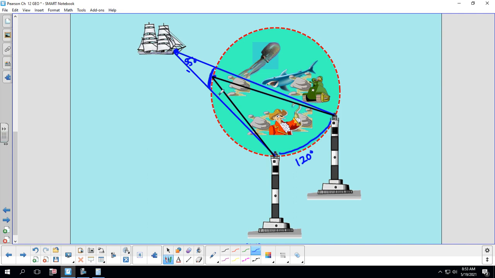So if we are 60 or greater, we are in the circle, which means we're in danger of pirates, of sharks, of, I don't know why there's a tank on the rock, but there is, of tanks.